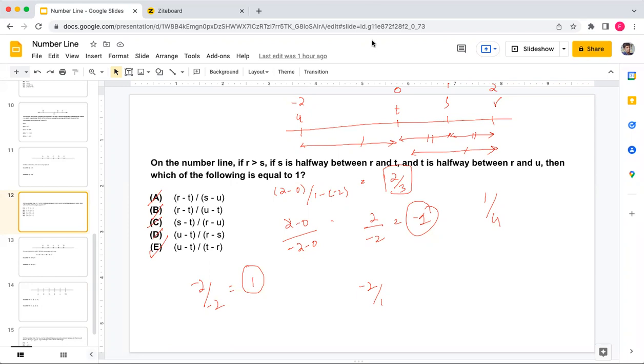Got the point? What is the trap here? Yes, got you. So never assume this subtraction as a distance unless it specifies the distance between R and T. If this is distance, then you can assume that B and E are the same, but this is not distance. This is a difference between them.